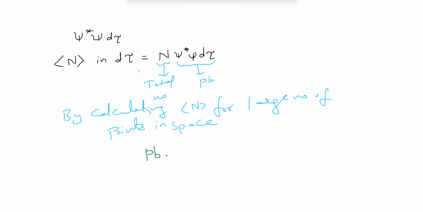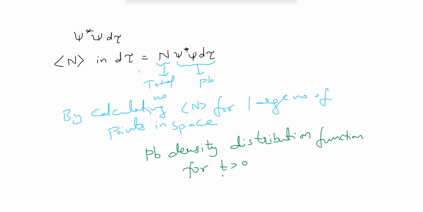Every time I write P, that implies the probability density distribution function for t greater than 0. In quantum mechanics, this implies future times. So this is a great interpretation of probability regarding the Schrodinger equation. Now let's look at the other property.